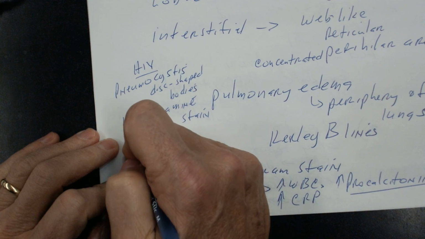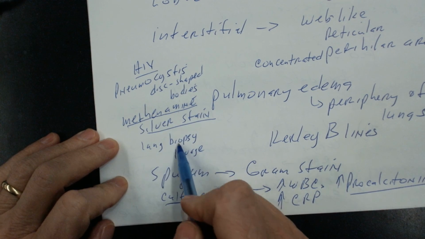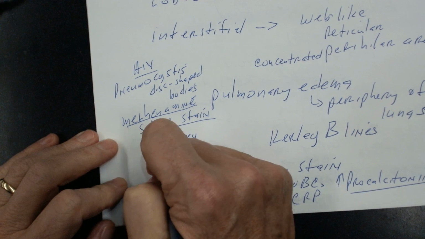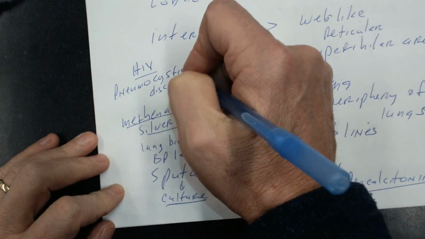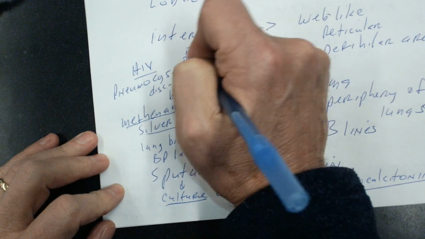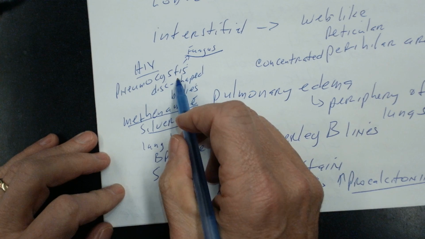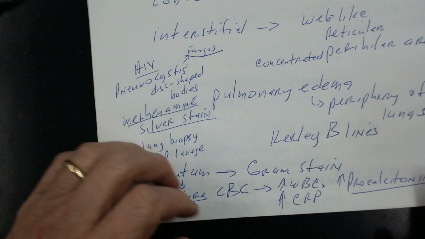That's a common test of a lung biopsy or a bronchopulmonary lavage. You'll see disc-shaped bodies. This is a fungus, so it doesn't respond to antibacterials, but it does respond to sulfa drugs, which we'll get to in just a bit.